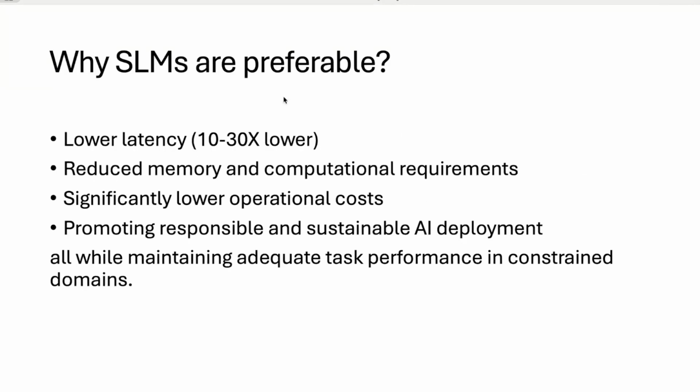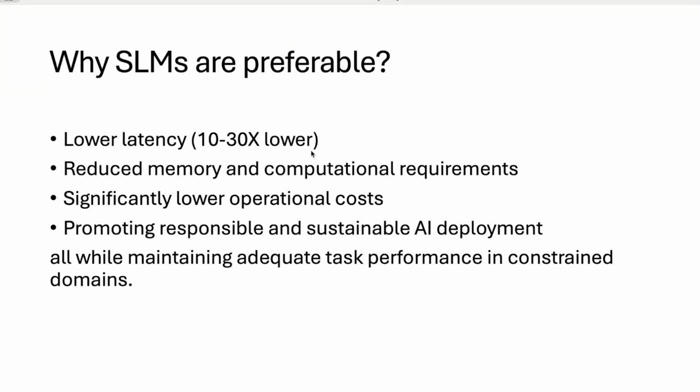About why SLMs are preferable, first is the lower latency, usually 10 times or even 30 times lower, and also lower cost because of the model charges. If you call, say, OpenAI or Bedrock API calls, the billing is usually based on how many tokens you put in and how many tokens you get as a response.